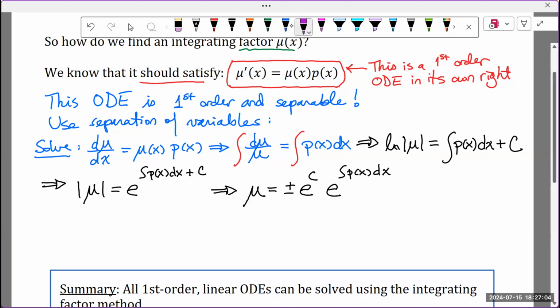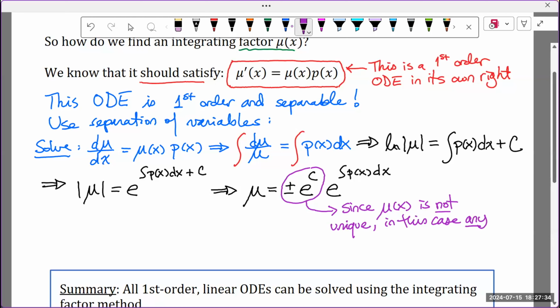So as we saw in our last video, this thing here is just some constant. And in this case, we can actually scale it to 1 because this integrating function is not unique. So since mu of x is not unique, in this case, any constant will work.